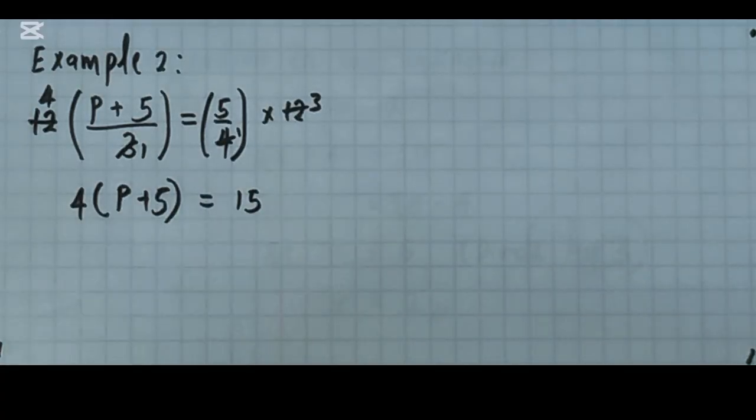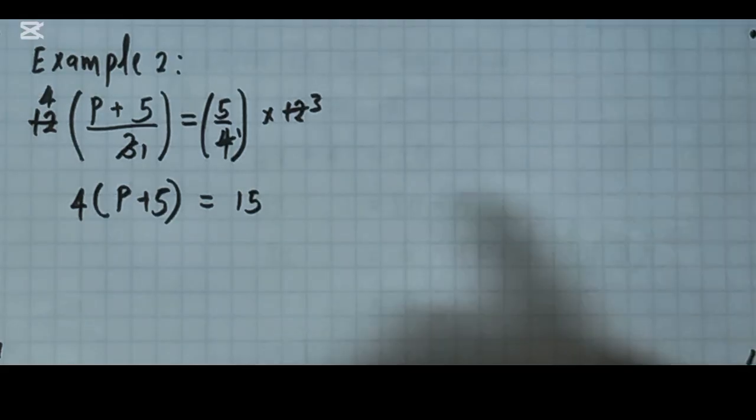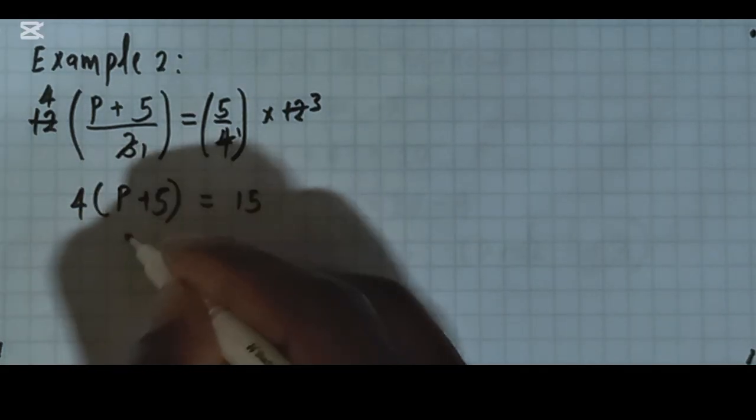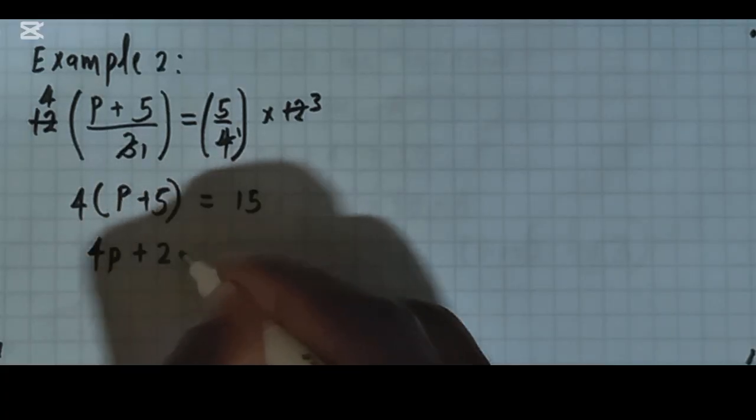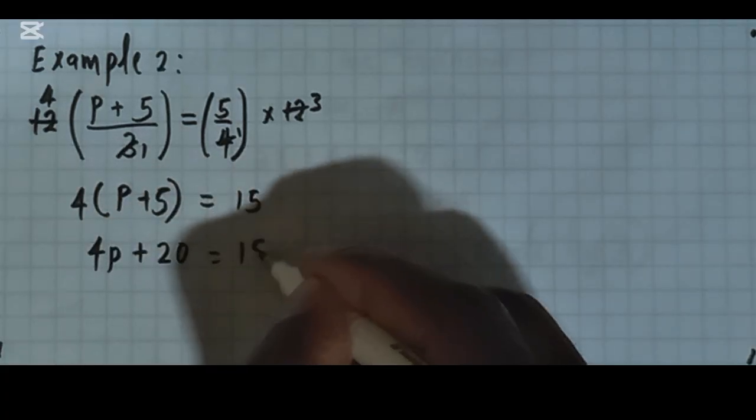I believe that at this point it's easy to tackle this. So what we're going to do here is expand the left hand side, and so that's going to mean that we're going to have 4 times p giving us 4p, plus 20 equals 15.